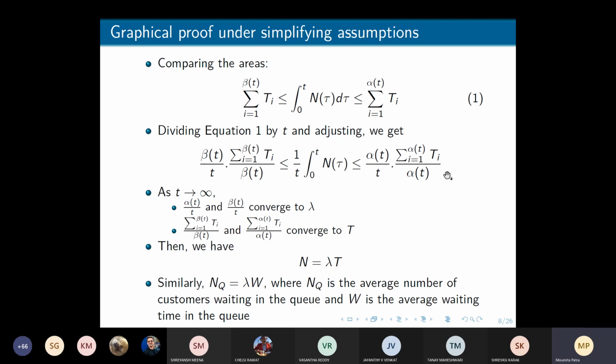Now when t tends to infinity, remember the second slide we talked about, alpha t by t and beta t by t will converge to lambda, and summation i equals 1 to beta t of ti by beta t and summation i equals 1 to alpha t of ti by alpha t will converge to T.